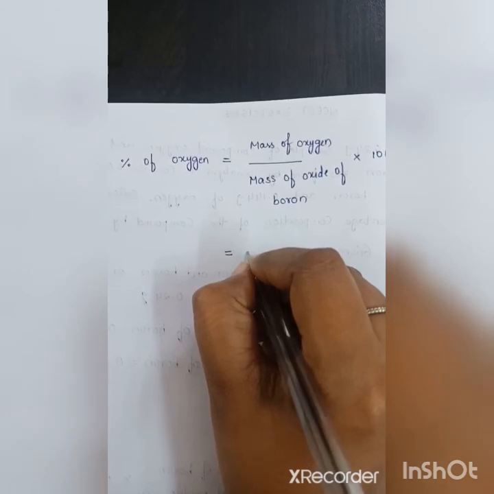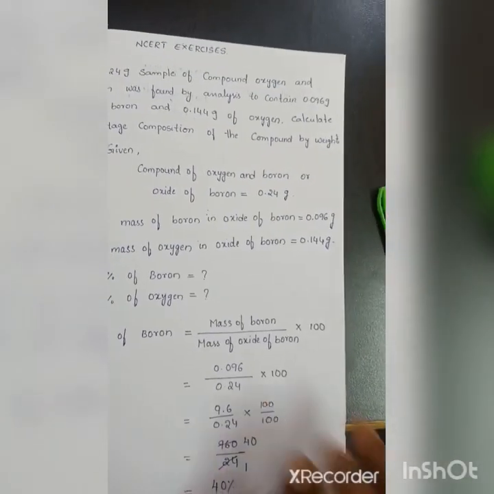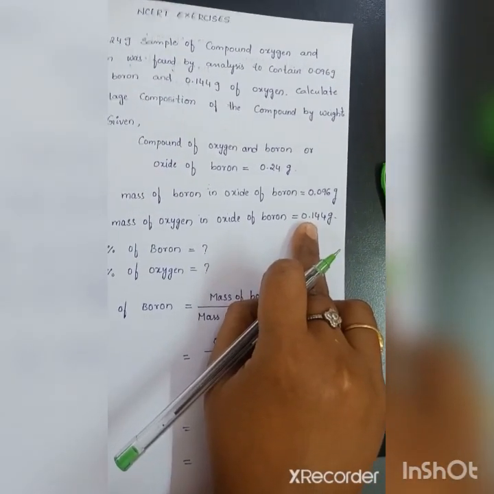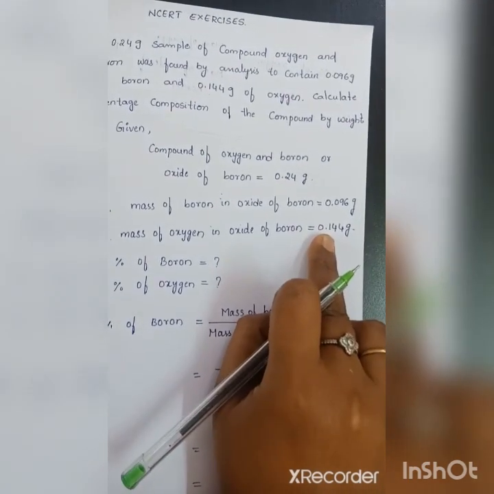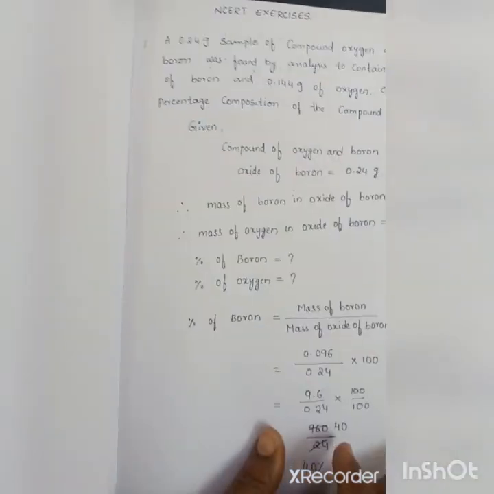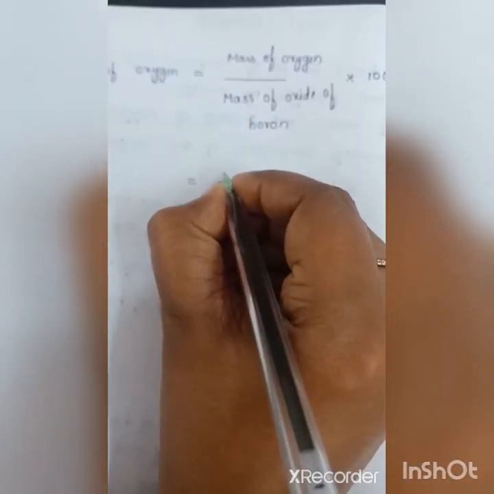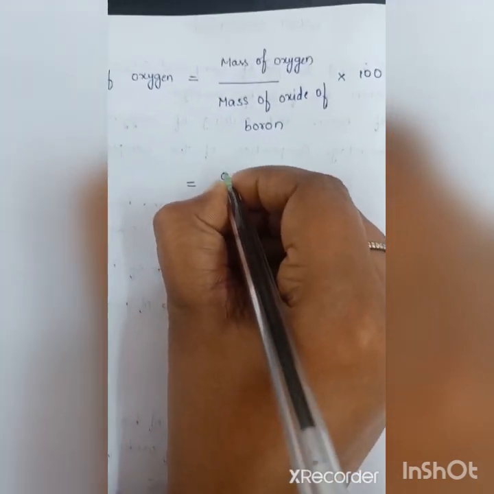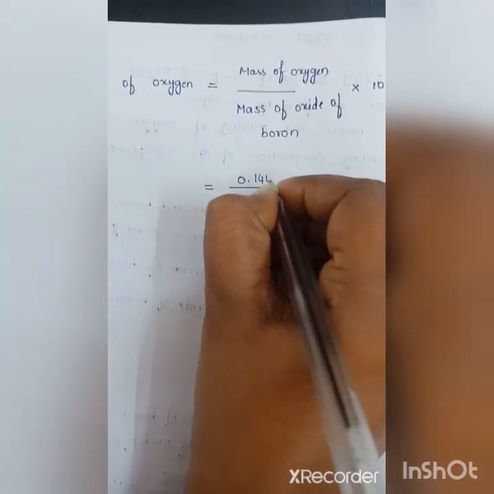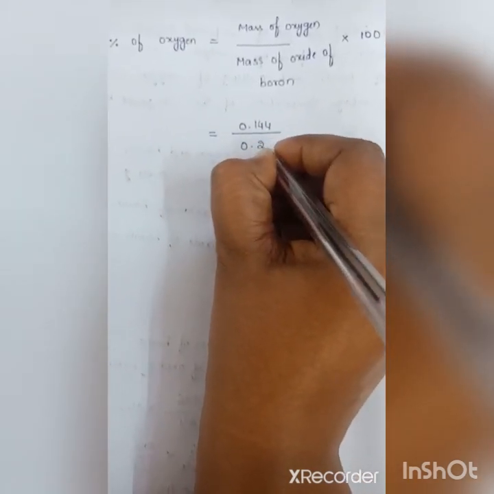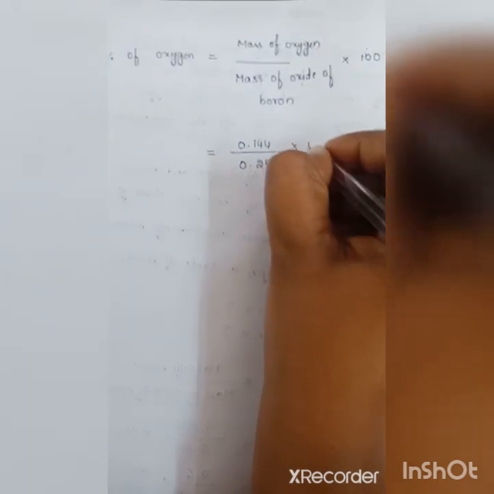What is the mass of oxygen given in the question? Mass of oxygen given in the question is 0.144 grams. Mass of oxide of boron is 0.24. So substitute these values here: 0.144 by 0.24 into 100.